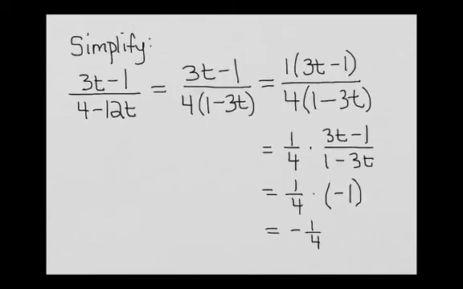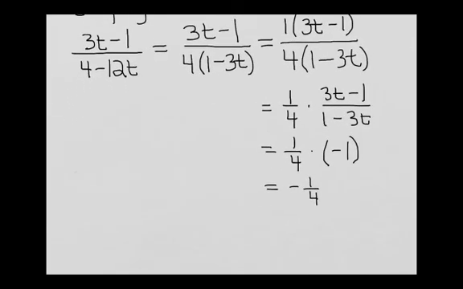So we can say that our original 3t minus 1 divided by 4 minus 12t simplifies to negative 1/4.